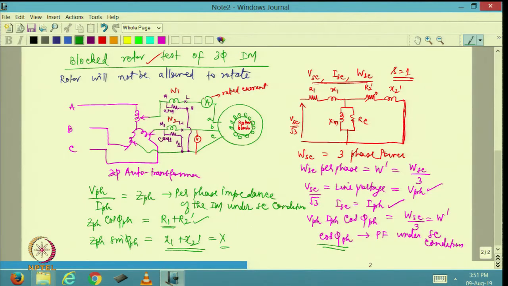So, I can say X divided by 2 will be equal to X1, which will also be equal to X2 dash. So, block rotor test will allow me to get R1, X1, R2 dash and X2 dash, whereas the open circuit test or no load test or free running test, which we discussed earlier, will allow me to decide Xm and Rc. So, both these tests together will allow me to decide all these things now.